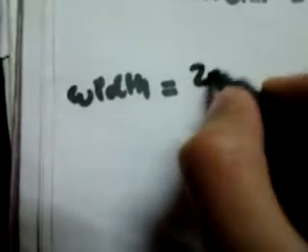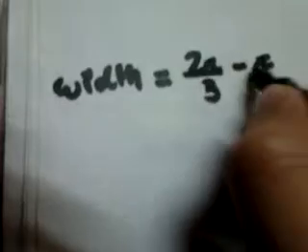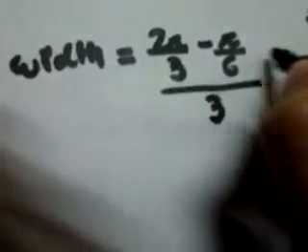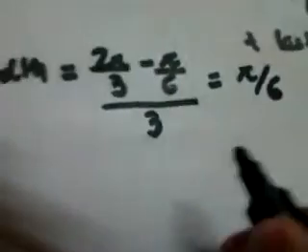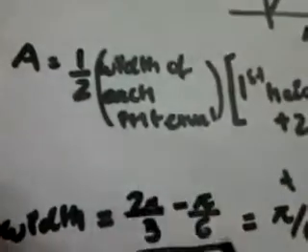So the width is equal to the upper limit, that is 2 pi by 3, minus the lower limit pi by 6, divided by the number of intervals, that is 3. This equals pi by 6. Okay, so now we have the width of each interval.